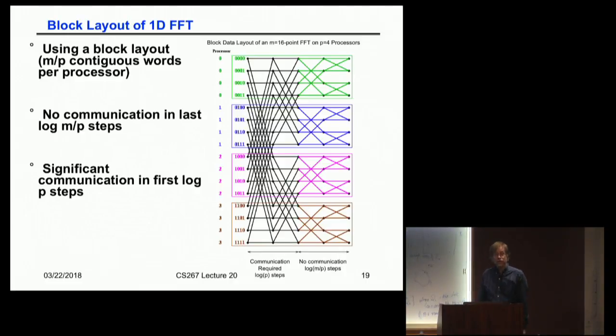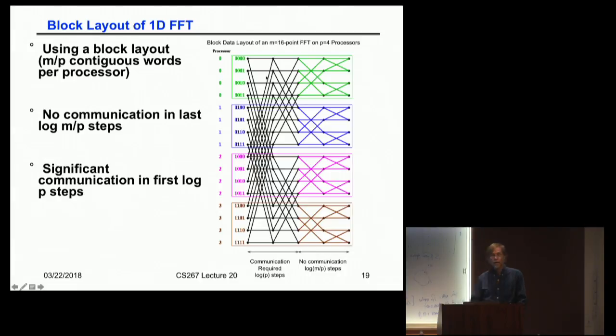So here's the block layout. I have 4 processors, colored green, blue, pink, and brown, and I've assigned the green processor the first 4 rows and so forth. All of these edges are the same as before, but now I've colored them differently, so that if an edge depends on data owned by 2 different processors, I color it black. So this one depends on some green data and some blue data, so I've colored it black.